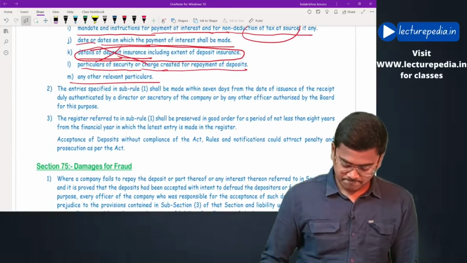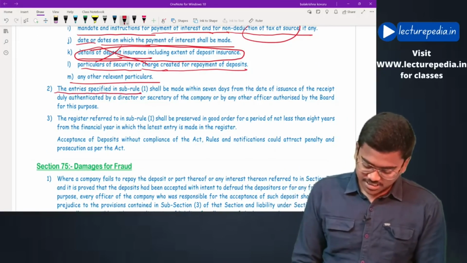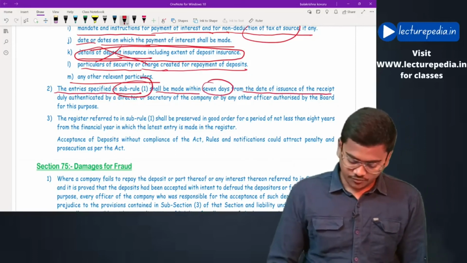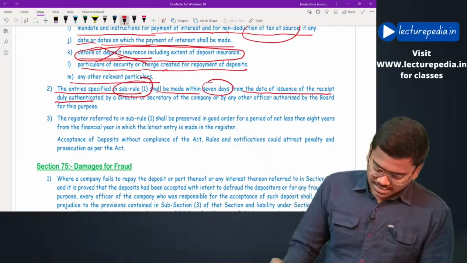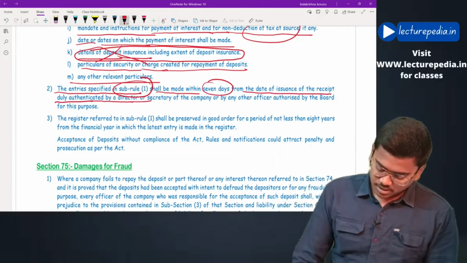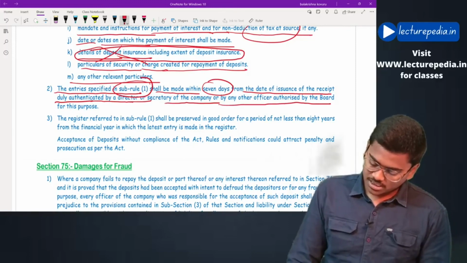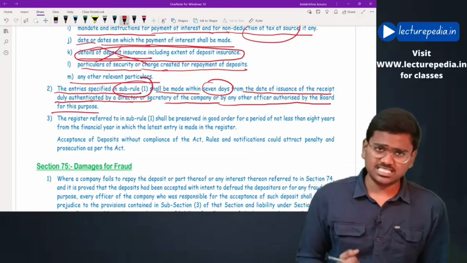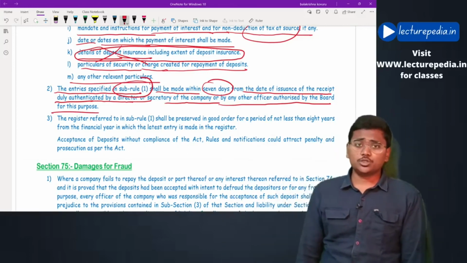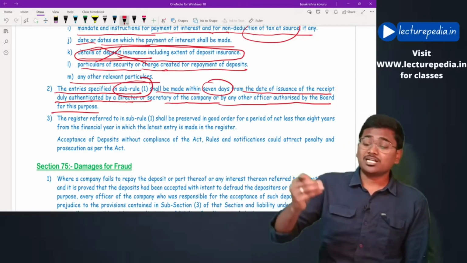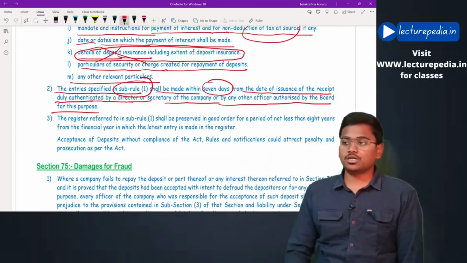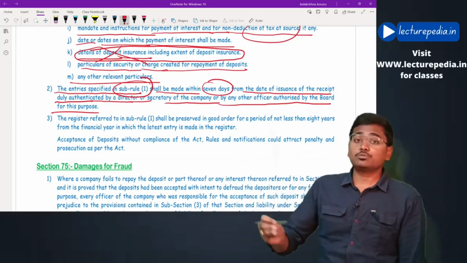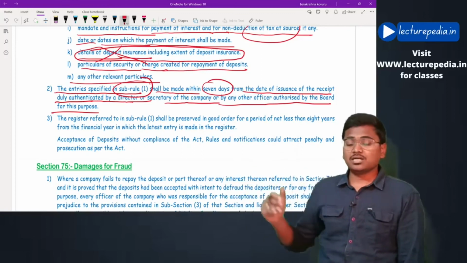Next, the entries specified in subrule 1 shall be made within 7 days from the date of issuance of receipt duly authenticated by the director or secretary of company or by any other officer authorized by board for this purpose. Once the deposit receipt has been given to the deposit holder, within 7 days of issuing the deposit receipt, you should mention all the details in the deposit register.